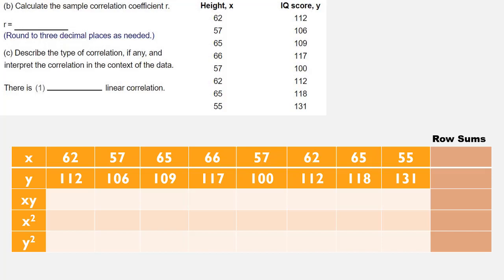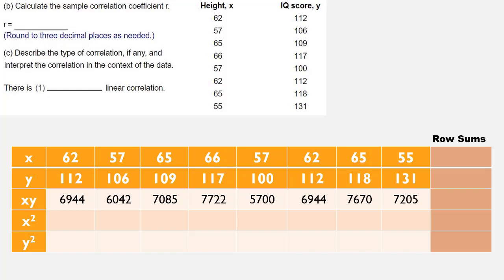So first, 62 times 112, x times y, is 6944. 57 times 106 is 6042. 65 times 109 is 7085. 66 times 117 is 7722. 57 times 100 is 5700. 62 times 112 is 6944. 65 times 118 is 7670. And 55 times 131 is 7205.